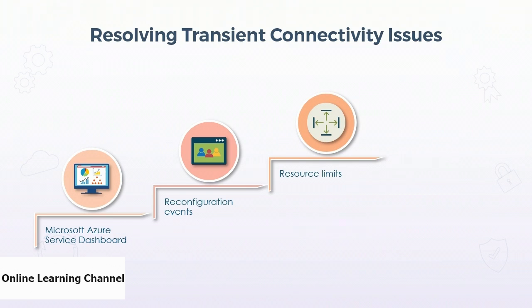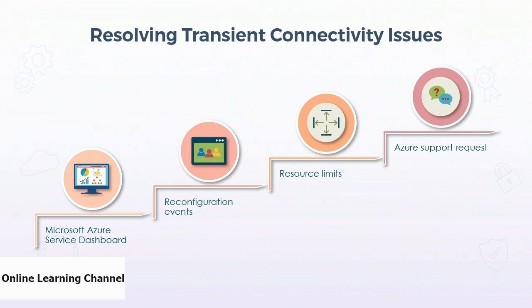If storage limits are being approached, your database may cause errors that look like transient connectivity issues. The answer would be to alleviate those resource limit issues, possibly by scaling your database. If, as the admin, you cannot determine the cause of the issue, and the issue persists beyond 60 seconds, then you can put in a request to Azure support.